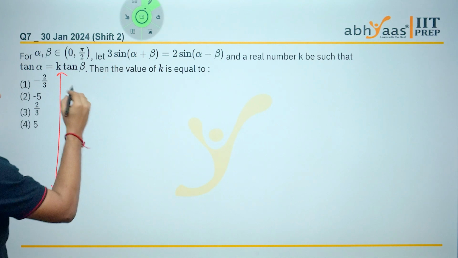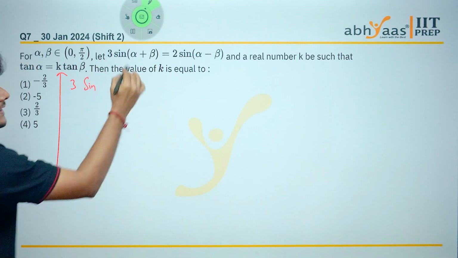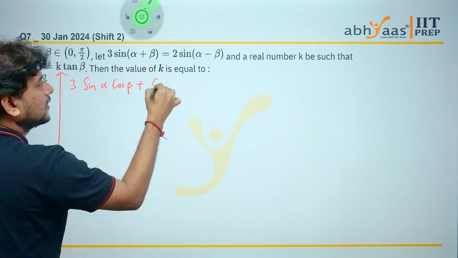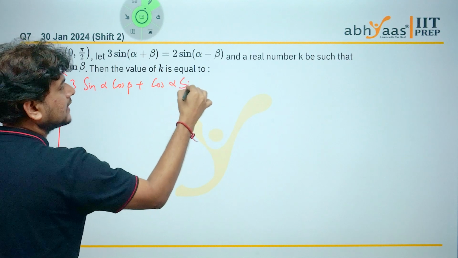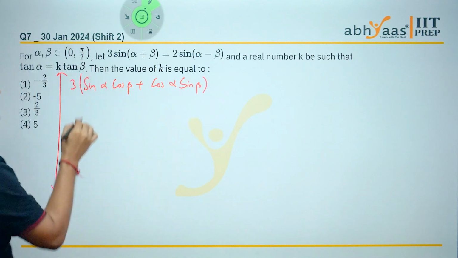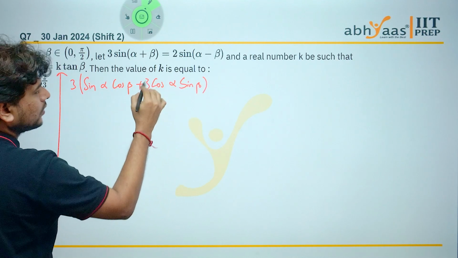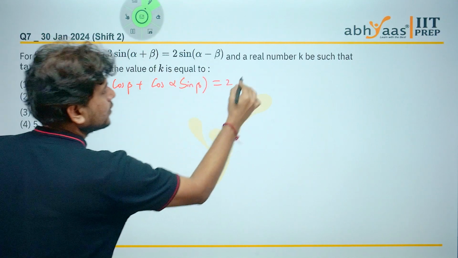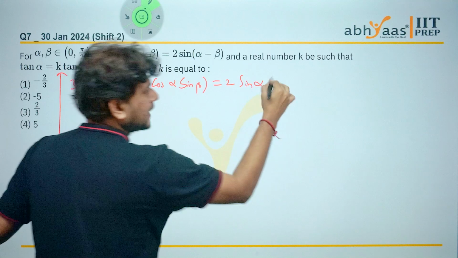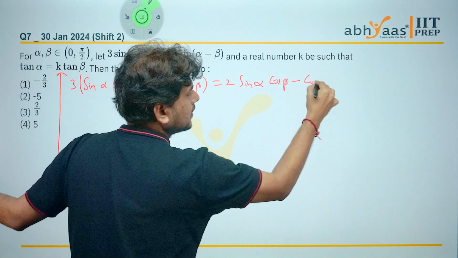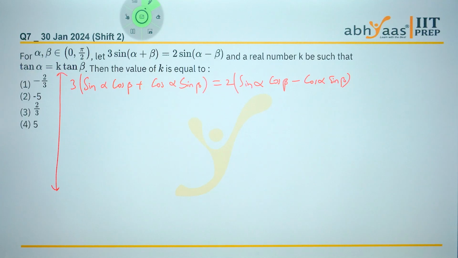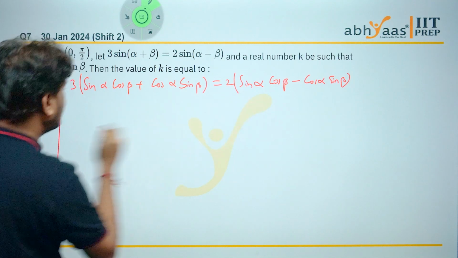So we'll simply open this given equation, that is sine a plus b is sine a cos b plus cos a sine b. We are multiplying it with 3, so I'll write it in the next step. Is equal to 2 sine a minus b, sine a cos b minus cos a sine b. Okay, so sine alpha plus beta we are having both sides.